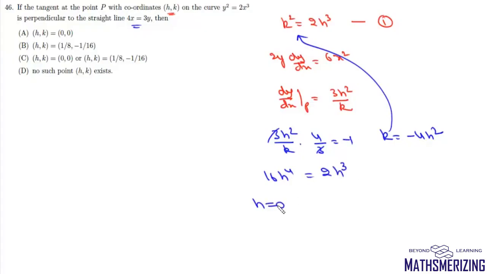That is, the value of h is 0, or the value of h is 1 by 8. Now if h is 0, we'll get k as 0. And if h is 1 by 8, we'll get value of k as minus 4 by 64, which is minus 1 by 16. So it'll be this option C, that is either (0, 0) or (1 by 8, minus 1 by 16).